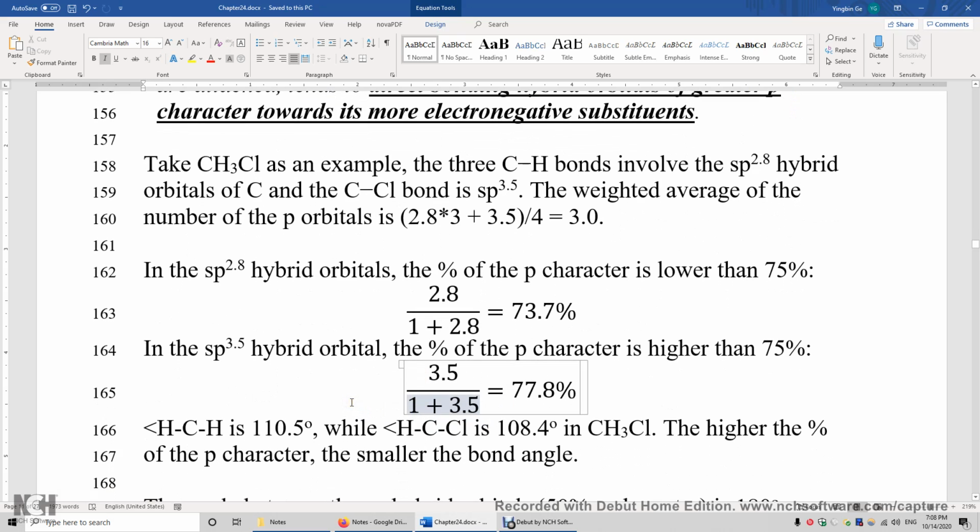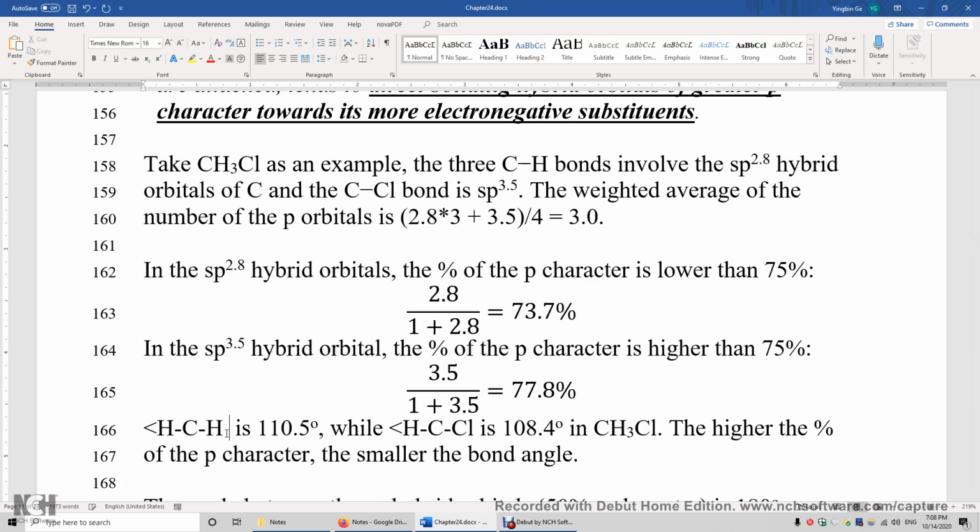Now let's look at the bond angles. The hydrogen-carbon-hydrogen bond angle is 110.5 degrees, a bit higher than 109.5. And this H-C-Cl bond angle is 108.4 degrees, a bit lower than 109.5 degrees.